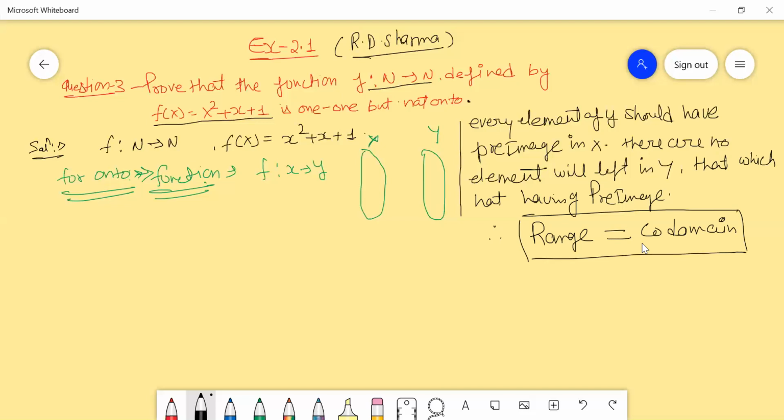We have the given function f(x) equals x square plus x plus 1, defined from natural numbers to natural numbers. The domain is natural numbers, so we put all natural numbers as input of the function. When we take f(1), we get 1 plus 1 plus 1, that is 3.